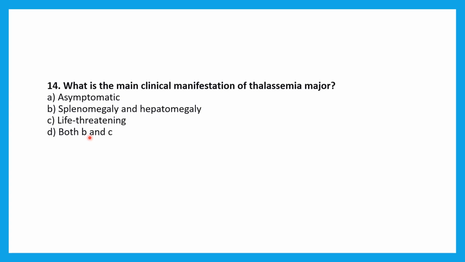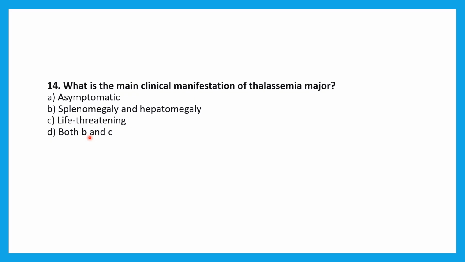Before we conclude to the answer, if you've not answered, let this help you. Thalassemia major is a severe, life-threatening condition, and it presents with severe hemolytic anemia.